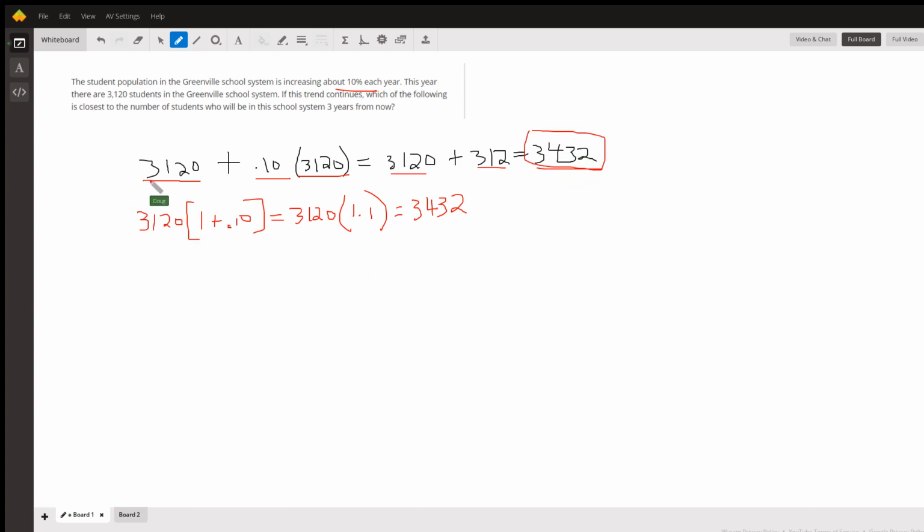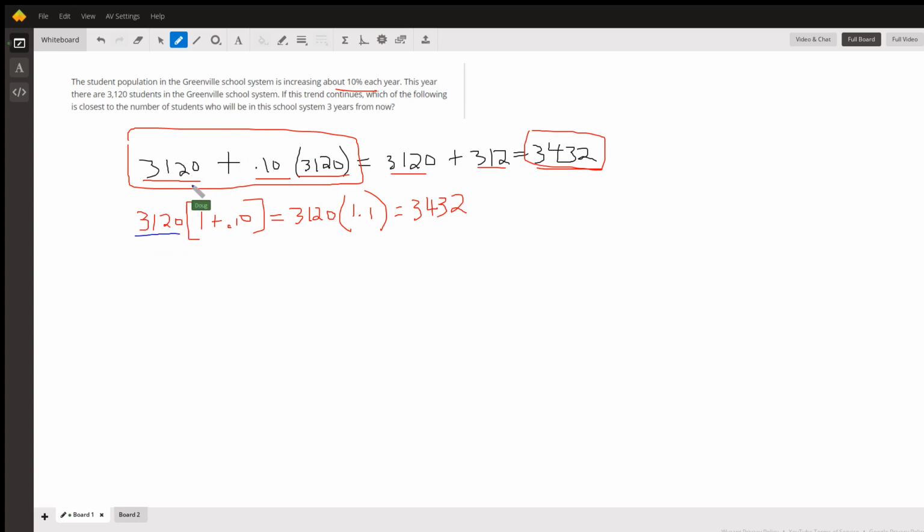But another way to do it, if you look at this original expression right here, there are two terms separated by a plus sign, and each contains the value 3,120. So if I factor that out as a greatest common factor, there's the greatest common factor factored out right there.